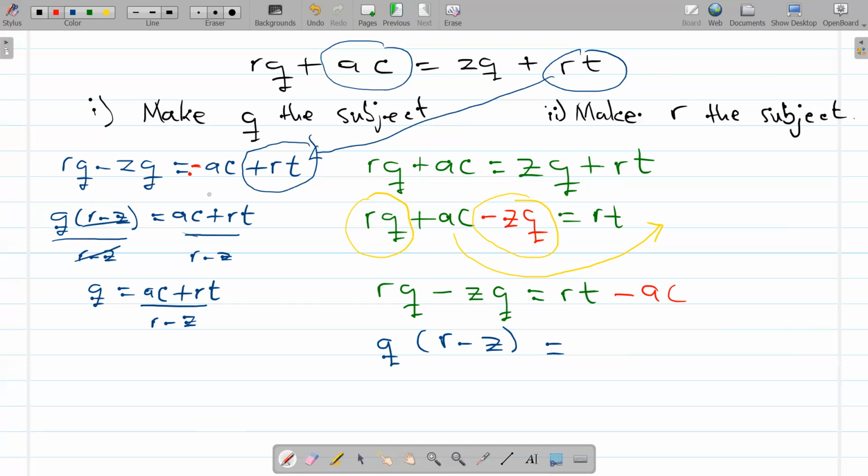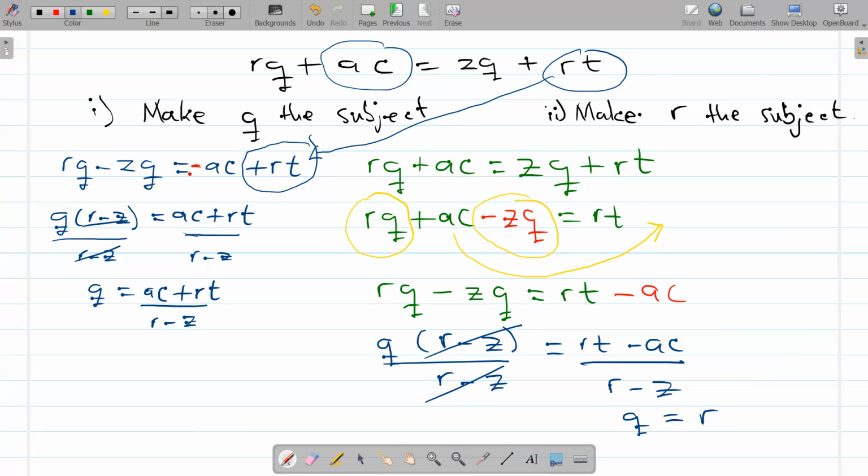Okay. So if you continue, we have what? RT minus AC. So now we can divide both sides by R minus Z. We divide this by what? R minus Z. So you cancel, then we have what?